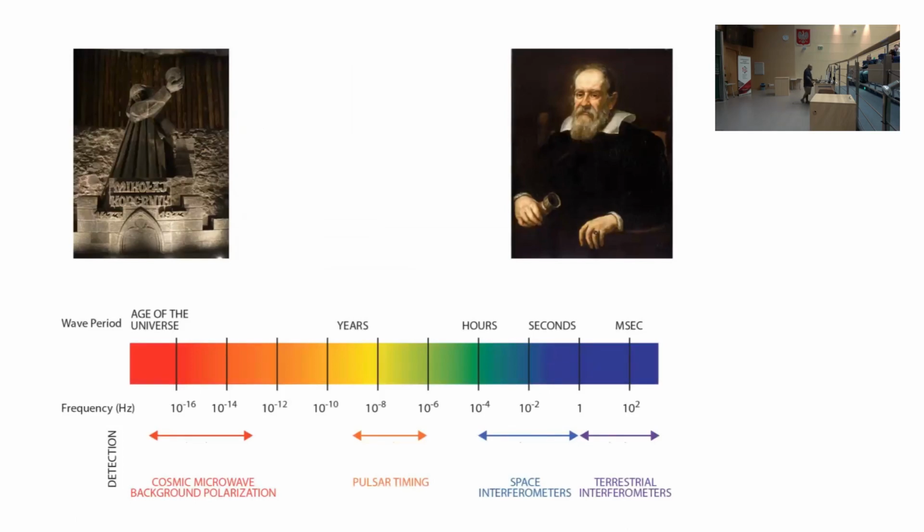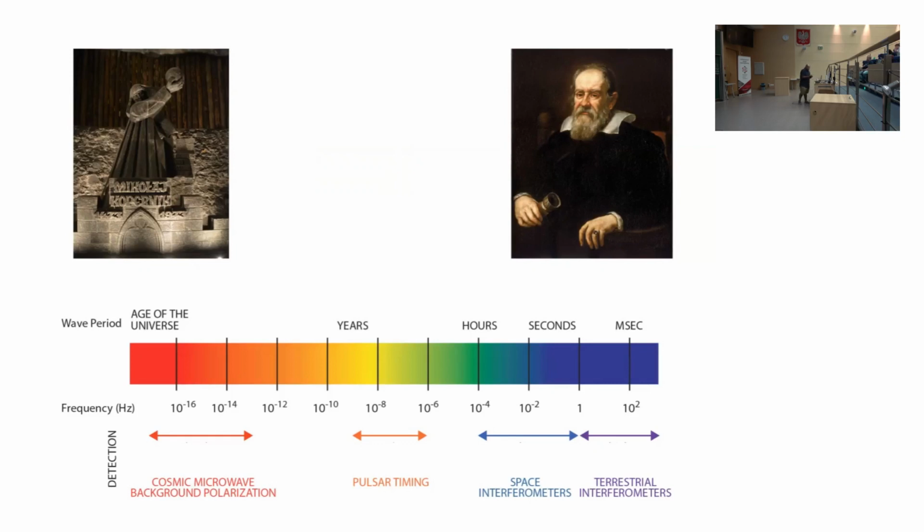So this is only the beginning of gravitational wave astronomy, right? Almost the whole of astronomy and cosmology depends on electromagnetic observations. And here you see Galileo with his telescope. He was not the inventor of the telescope, but he definitely popularized it, and that led to the birth of modern astronomy.